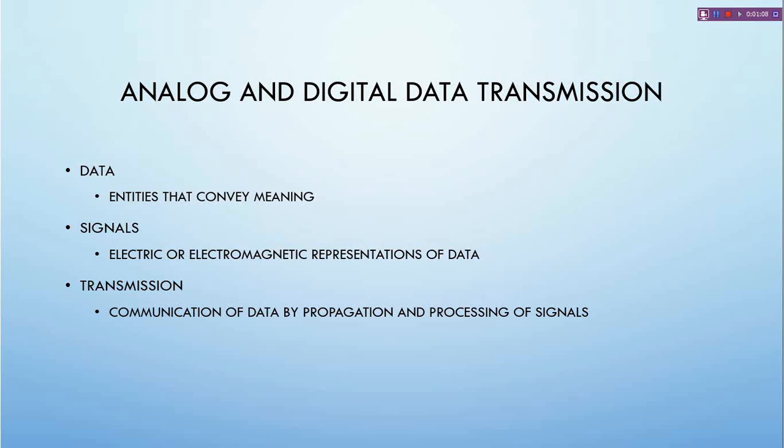Transmission means communication of data by propagation and processing of signals. We can communicate the data to another device by propagation and processing of the signal. That is data transmission.